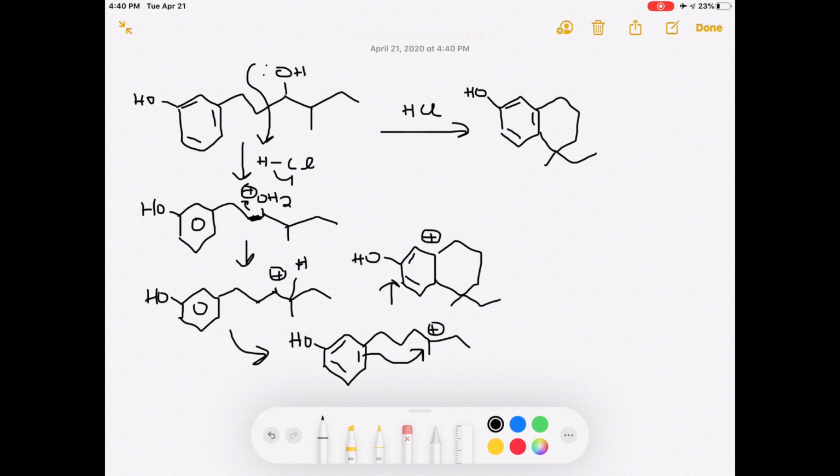The reason why I moved that positive charge up there was because when the electrons in the pi bond of the aromatic ring migrated and attacked the carbocation, there was no proton in this position right here.